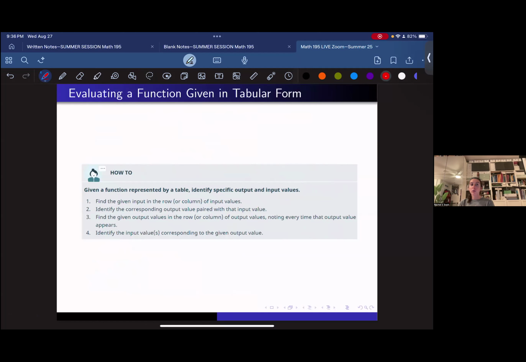Now we want to evaluate functions given in tabular form, also known as just table form.